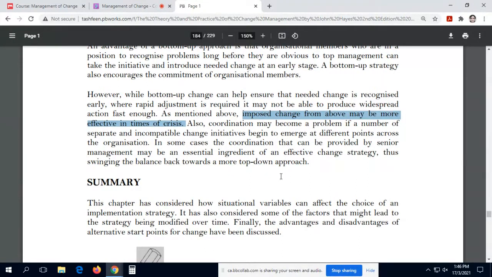So in this type of situation, maybe imposed change from above may be more effective in times of crisis, because it takes time for the general public to understand many things, and then they have their own viewpoint, general people. That is why you are seeing all different types of reactions about the curfew times. Many people are not happy about the 8 p.m. curfew. Yes, so it takes time for them to understand.